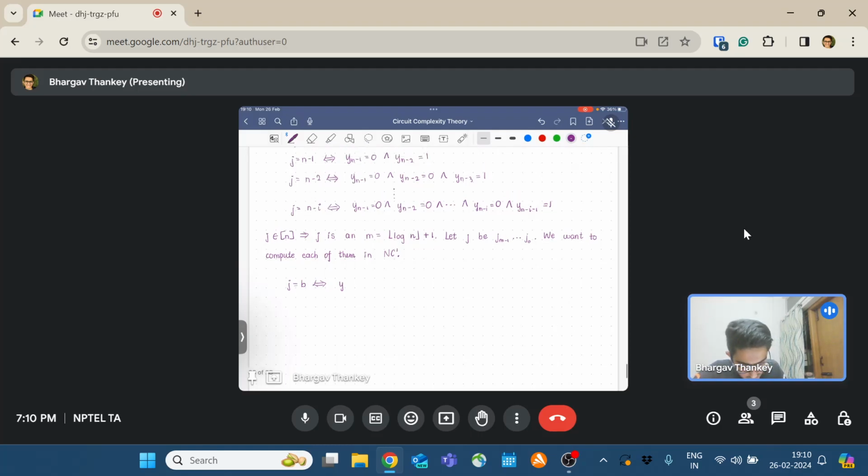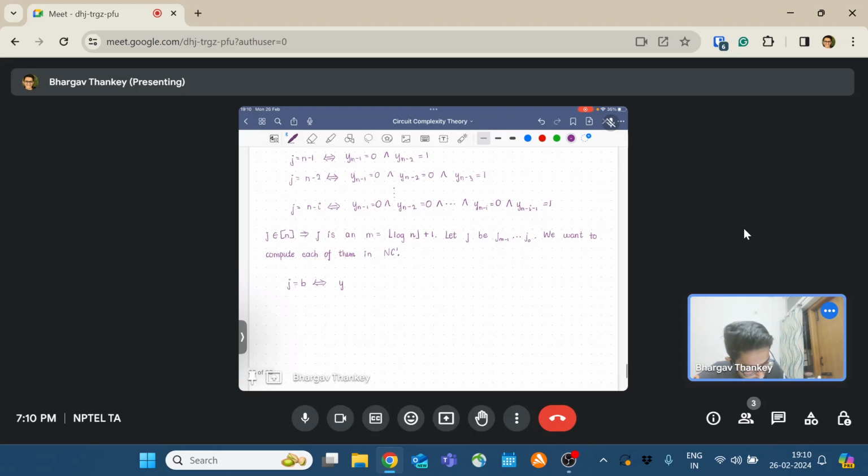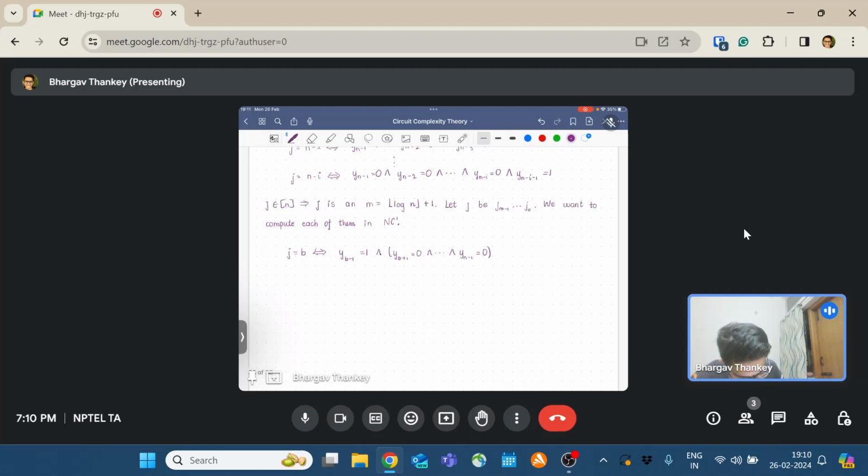So j equals n minus i. So the last one is this, b minus 1. And this is the same as this expression.